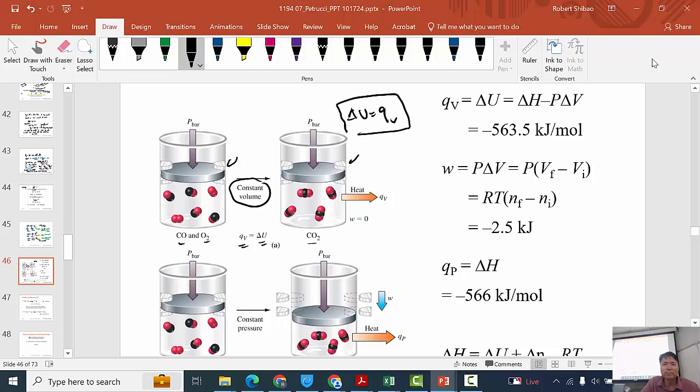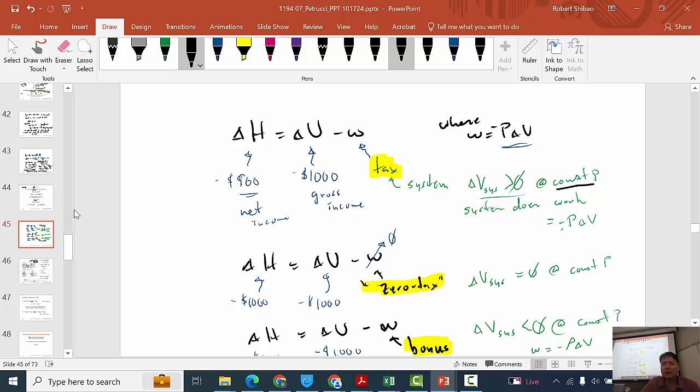Here it's constant volume, and so this is a scenario where there's no tax, but we can't think of it this way because when we apply the tax, it all has to be at constant pressure, not constant volume. So we have to look at what delta V is of the system at constant pressure.